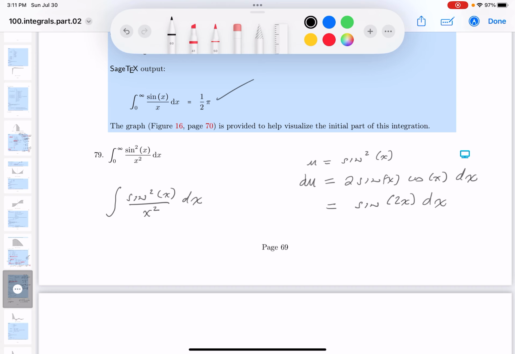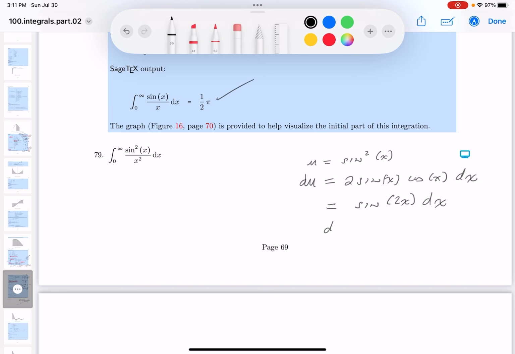It looks like I'm going to do integration by parts. Let me erase this over here and write that down now. A u substitution doesn't seem like it's going to help at all. Let's try integration by parts.